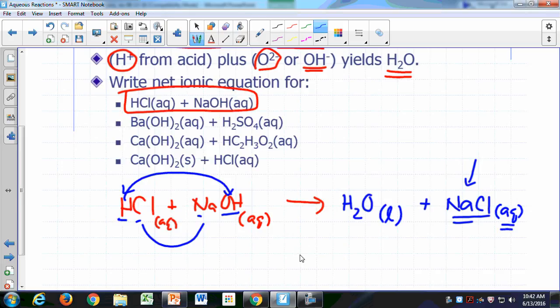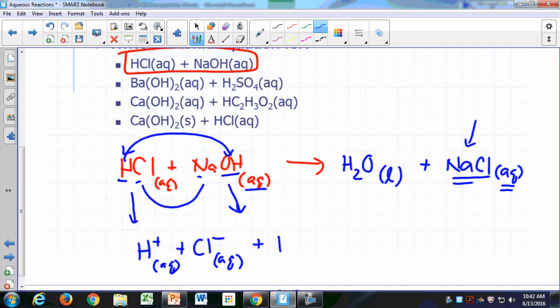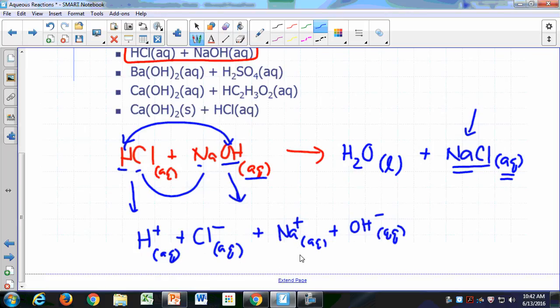So how do we write the net ionic equation for this? Well, you look at your HCl. You know this is a strong electrolyte. It's one of the 6 strong acids, so I have to split that up into H plus and chloride, because it's an aqueous solution. Sodium hydroxide is an ionic compound. In aqueous solution, I have to write it as separate ions, sodium ions plus hydroxide ions. Okay?